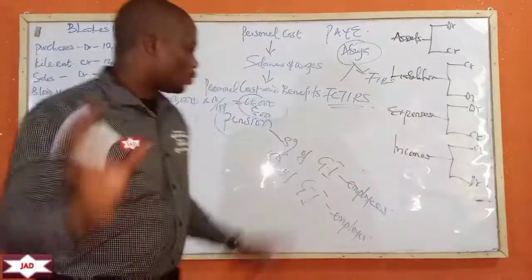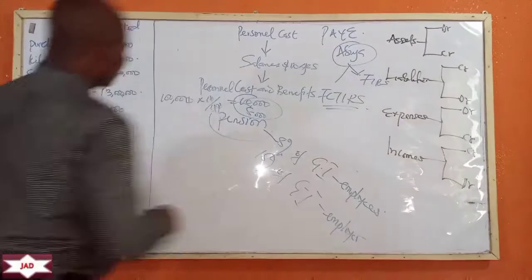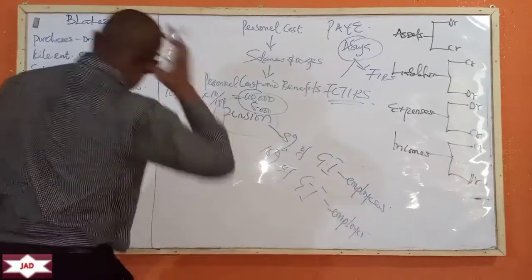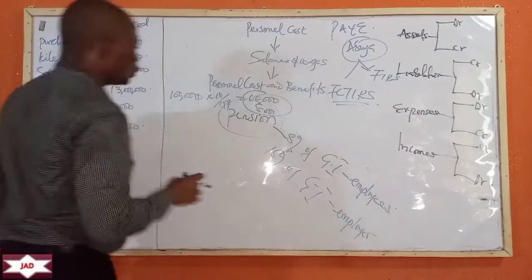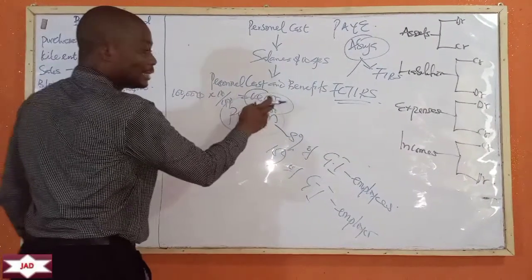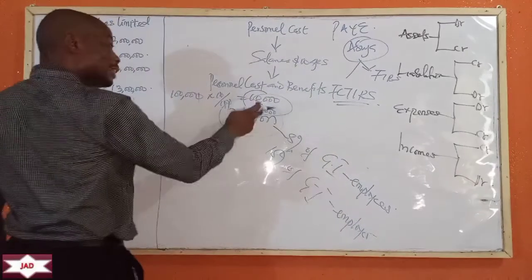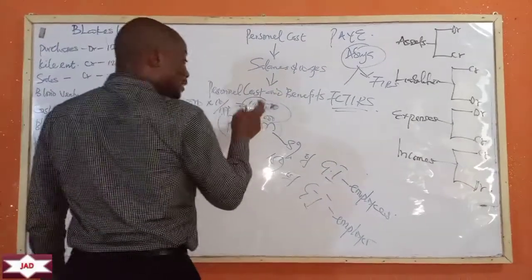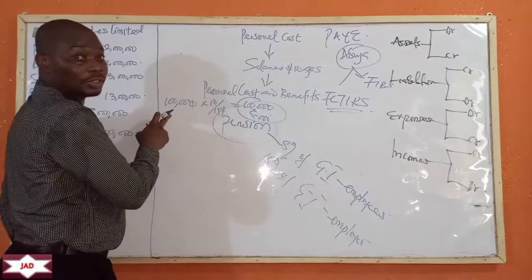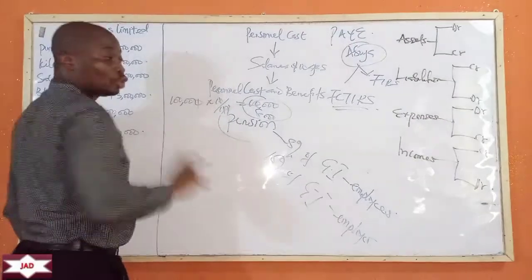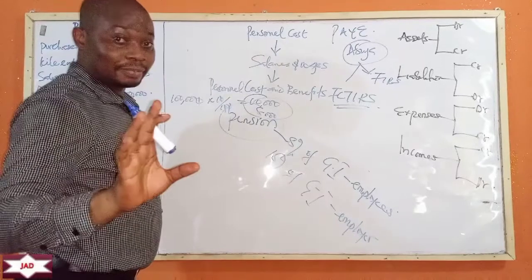I guess you can move once in a year. So this 10,000 is what the employer is paying, but this 8,000 is what the employee is paying. That means you're going to take out this 8,000 from the monthly gross, and then take off the tax as well. So you must understand that perspective.